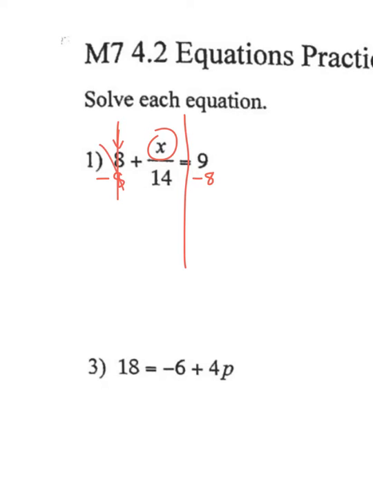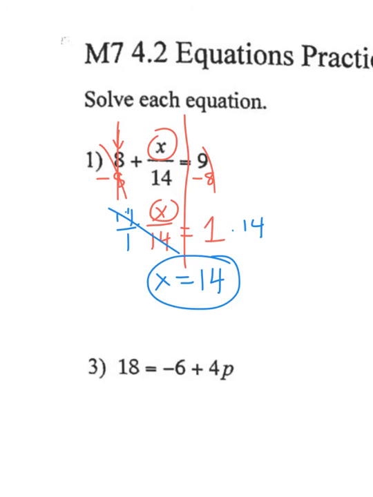That cancels out on this side, and that leaves me with x over 14 equals 1 on this side. The x is still right here. It's division, so the opposite of division is multiplication. I'll put that over a 1 to show that it cancels out, times 14 on this side, times 14 on this side, so x equals 14.